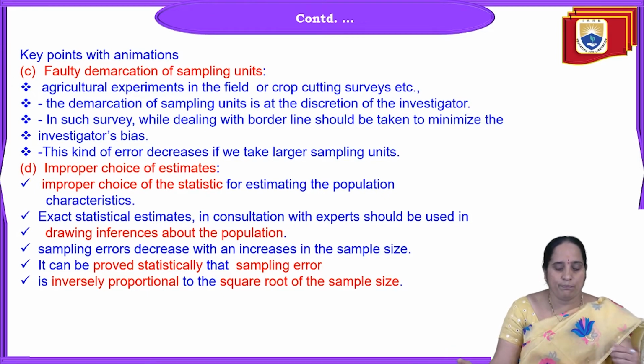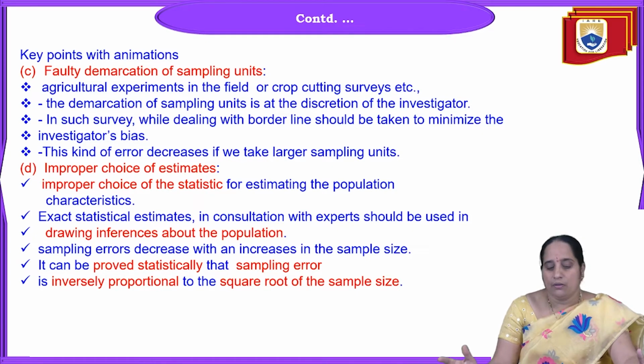The next one is improper choice of estimates. Improper choice of estimates means that whatever population you are going to consider for the study, it should be relevant. We need to describe the characteristics of the population in a well-defined manner, and check whether it suits the given study or not.